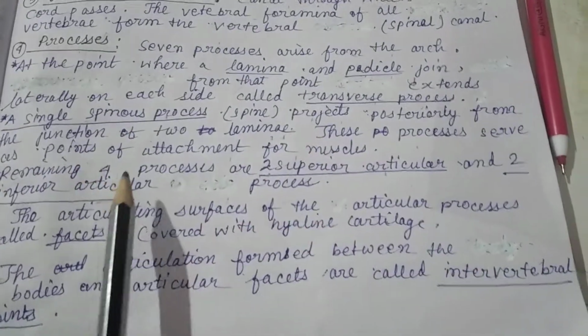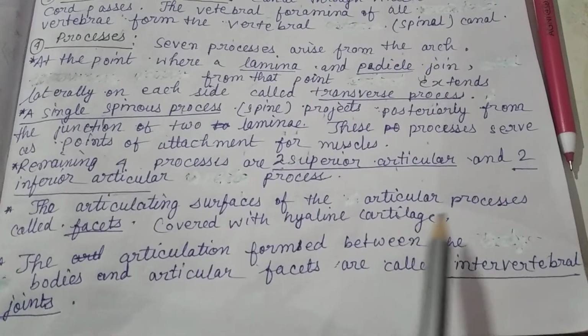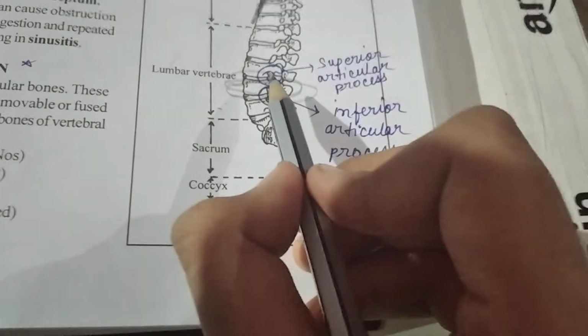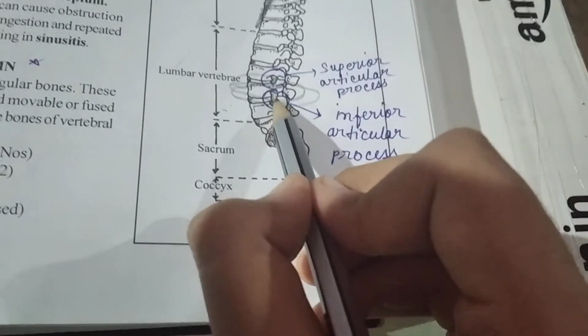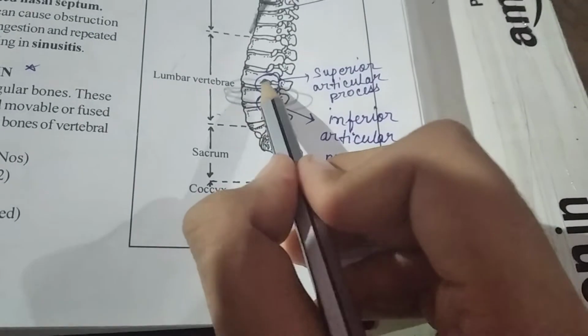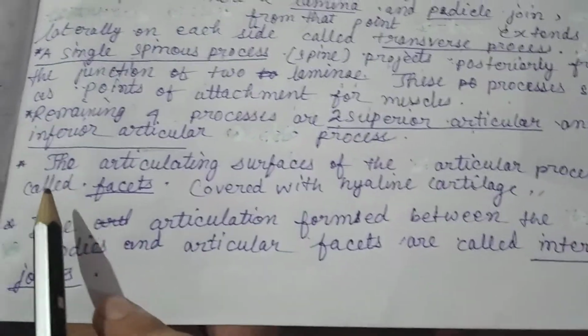After that, the articulating surfaces of the articular processes, meaning where the processes articulate with the other processes, those surfaces are called facets.